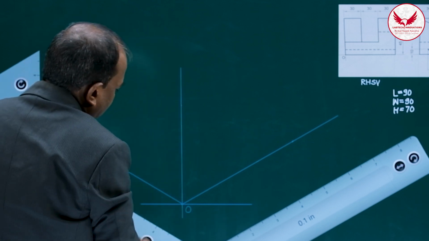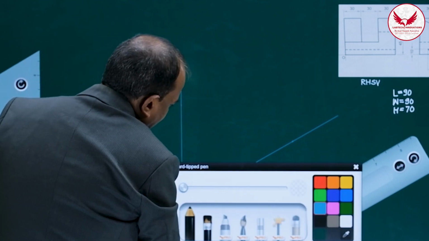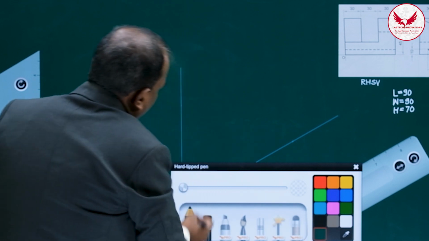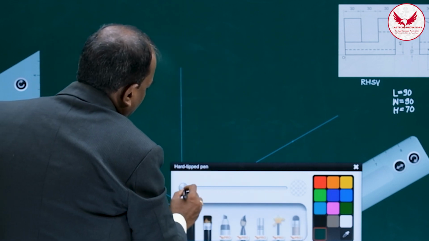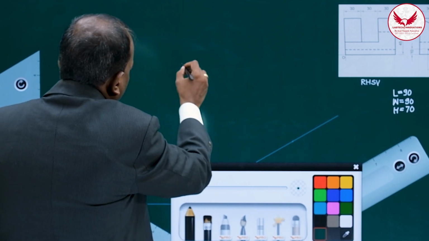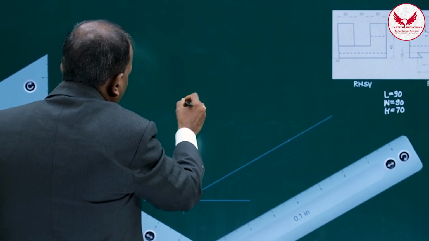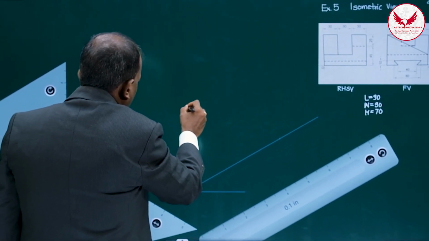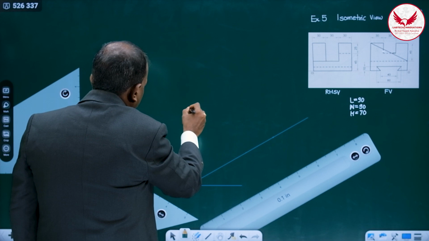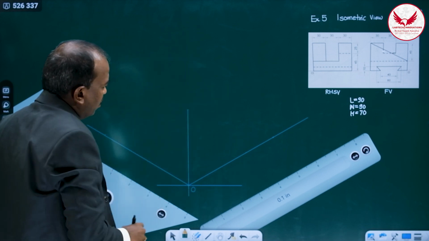While preparing the isometric box, I always tell that once you mark the height, you remove that upper portion above the height. Perfectly, height we have to keep at this point.